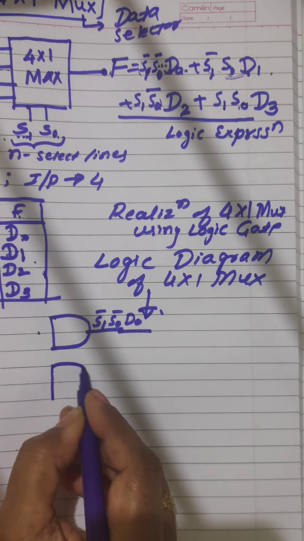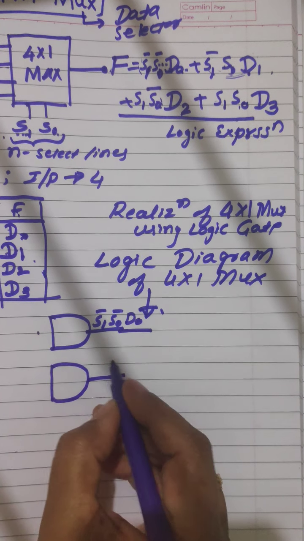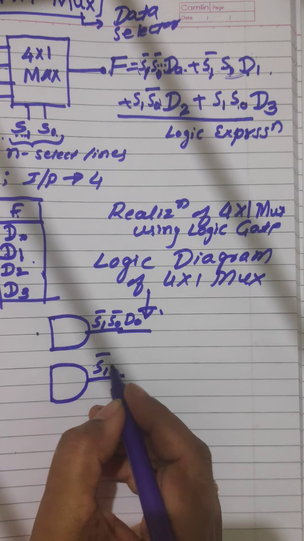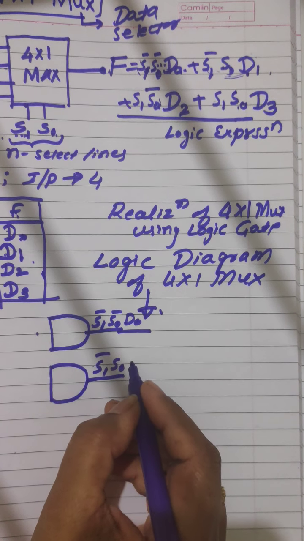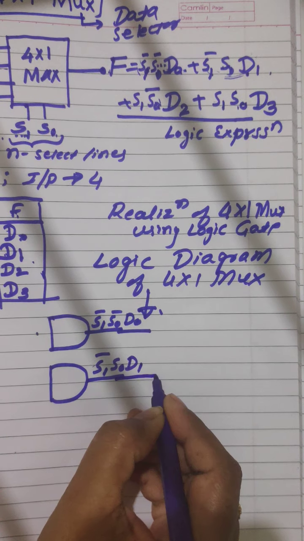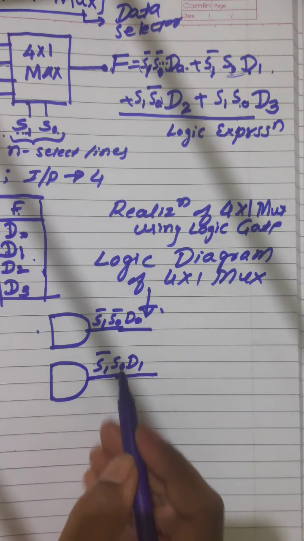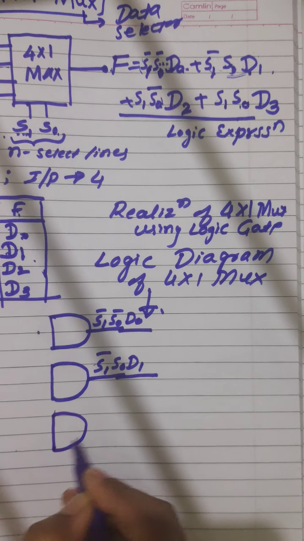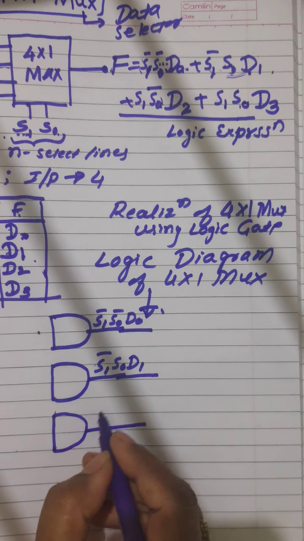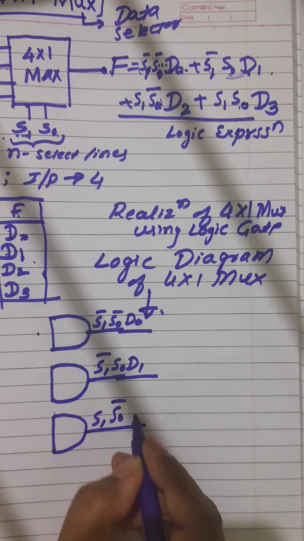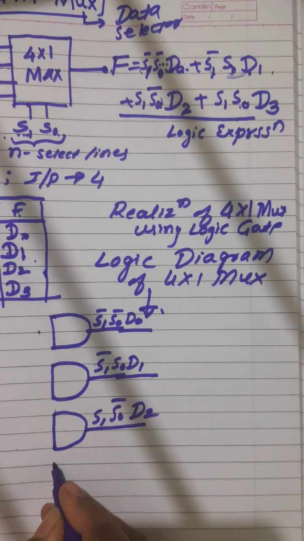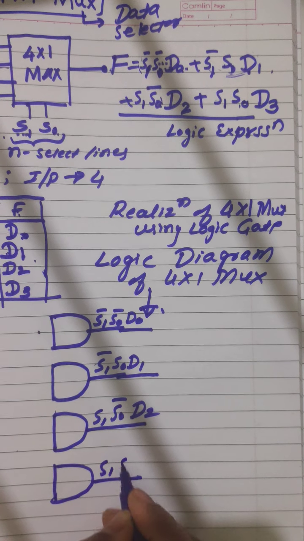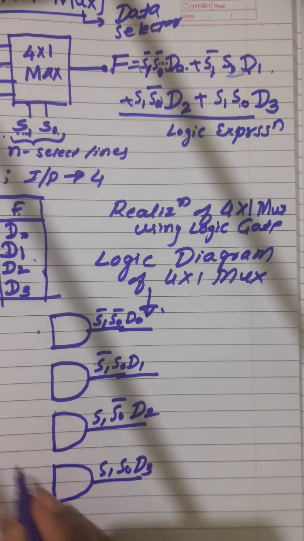Similarly, the second AND gate is going to give S1 bar, S0, D1. This is the second term got at the output of the second AND gate. The third AND gate is going to produce S1, S0 bar, D2. Similarly, the fourth AND gate is going to produce S1, S0, D3.